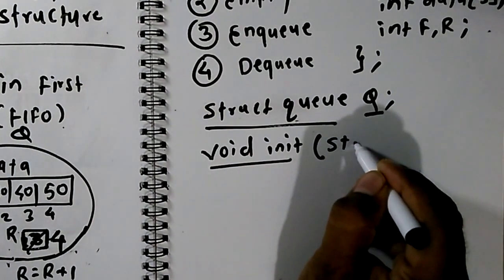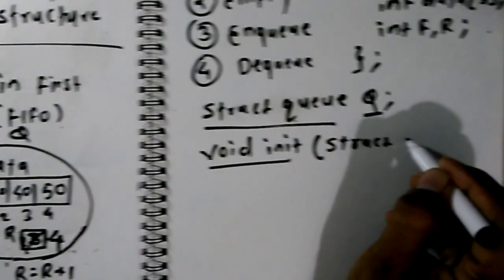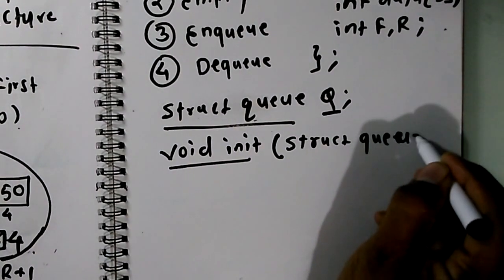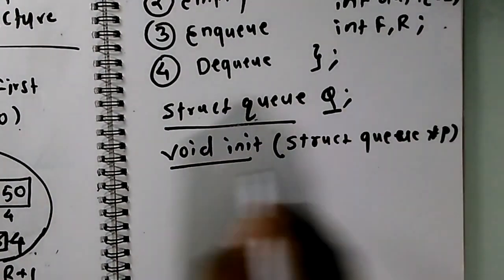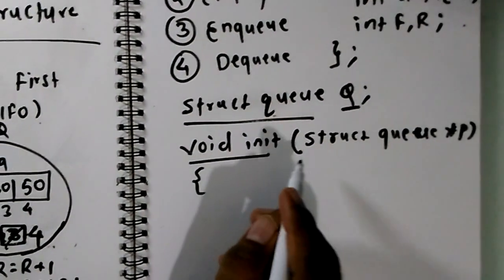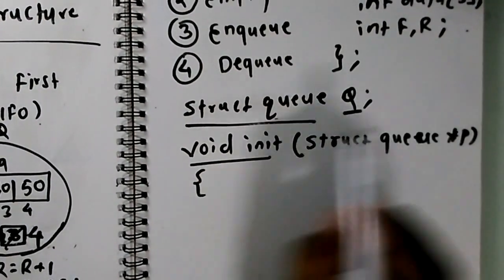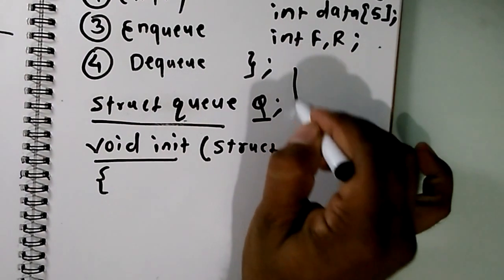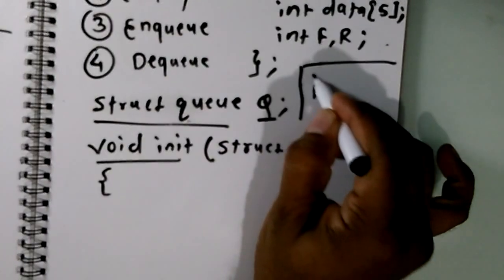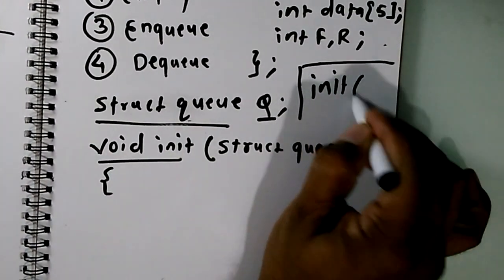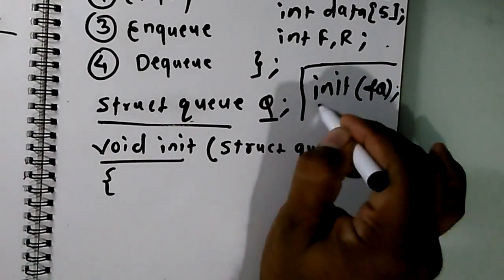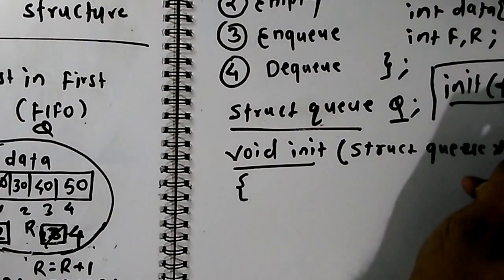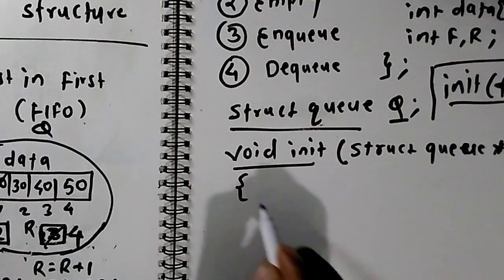So I'll pass it by reference: struct queue star p. My call to this init function will be like this: init, ampersand queue. I'll pass the address of the queue. So this is passed by reference, or passed by address.